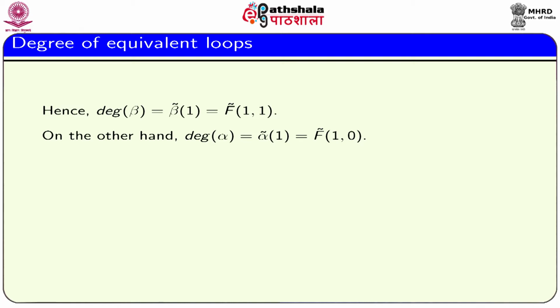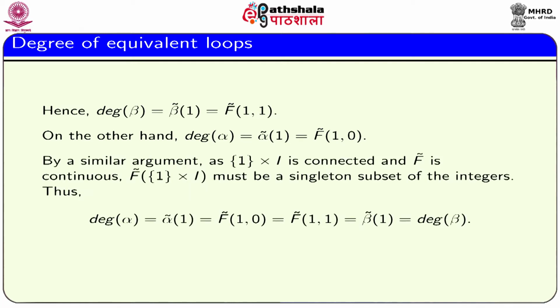Hence, by the definition of degree, degree beta is beta tilde 1, which is f tilde (1, 1). On the other hand, degree alpha, which is alpha tilde 1, equals f tilde (1, 0). By a similar argument, as the singleton 1 cross I is connected and f tilde is continuous, its continuous image, that is f tilde of 1 cross I, must be a singleton subset of the integers.